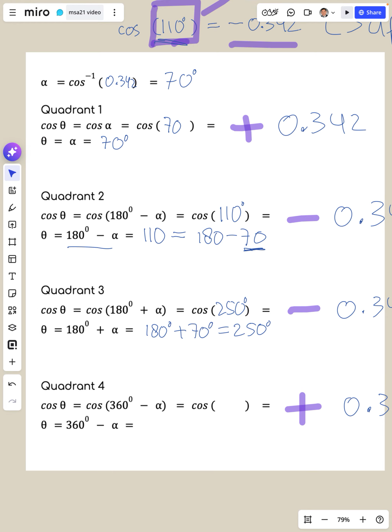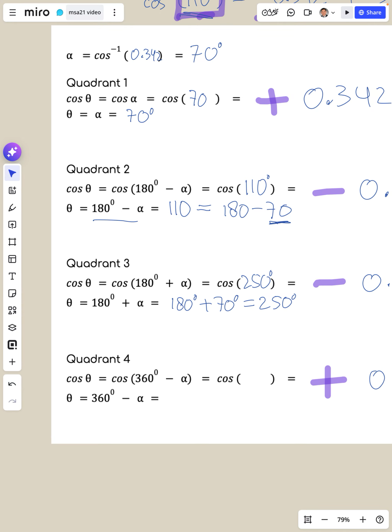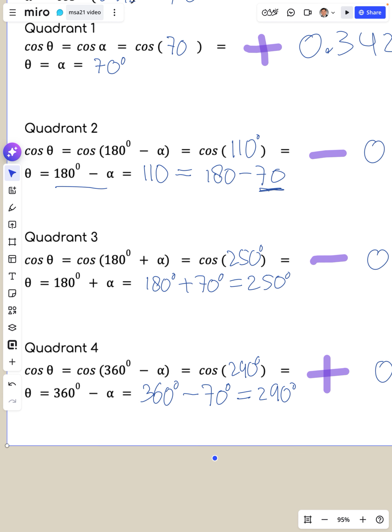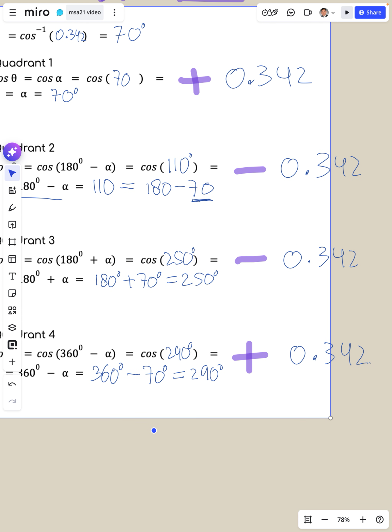How about quadrant 4? Very simple. The angle is 360 minus alpha, so 360 degrees minus 70 degrees, which is 290 degrees. So cosine 290 degrees equals positive 0.342.